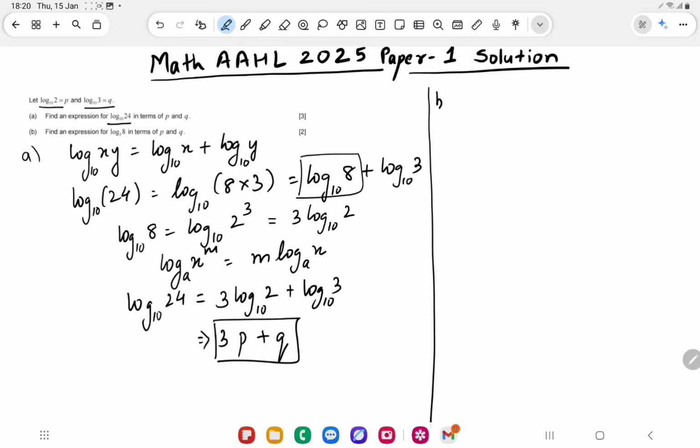Now to solve B part, I have to find an expression for log 8 with base 3 in terms of again P and Q. So before writing it, I have to first change the base. So if I want to change the base to 10, I can write it as log 8 upon log 3 with base 10.